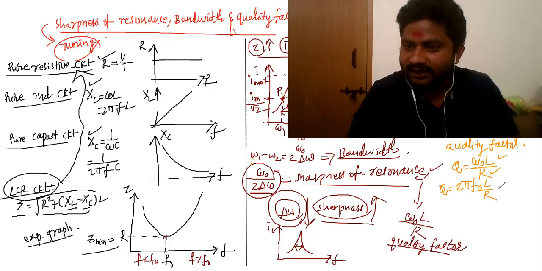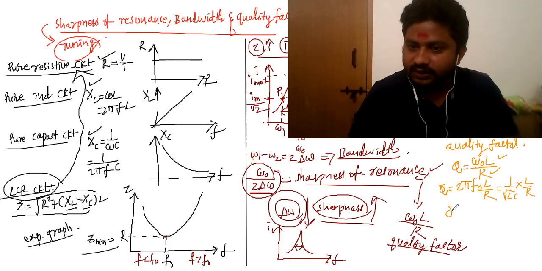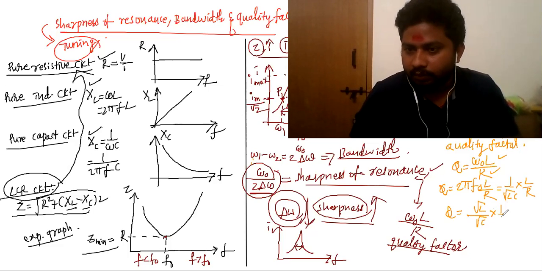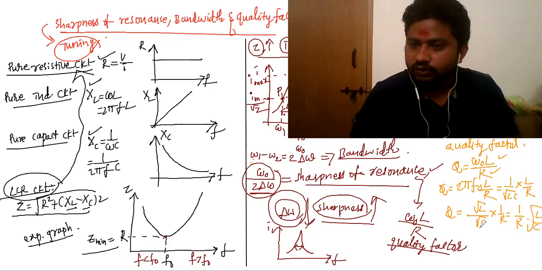So I can write 1 by root LC into L by R, which is root L by root C into 1 by R. Finally, 1 by R into root L by C.